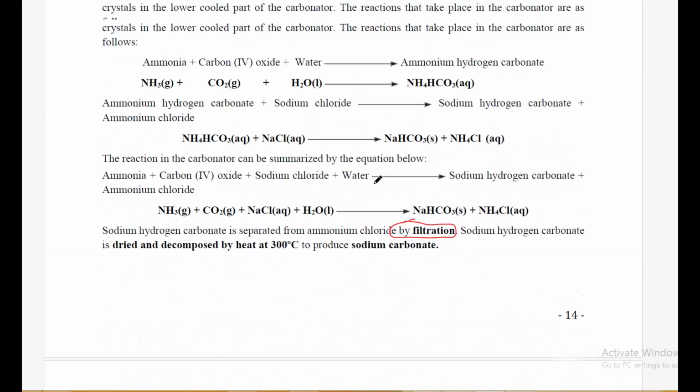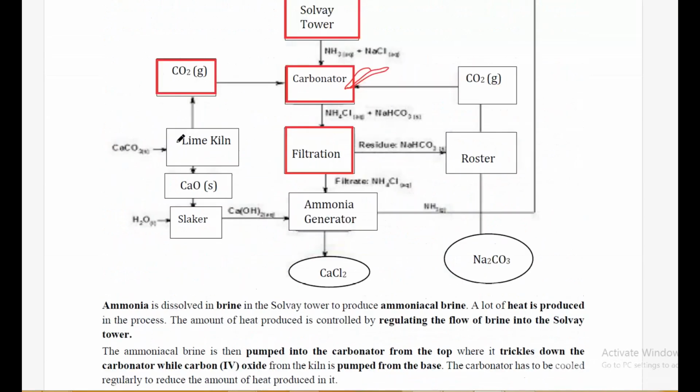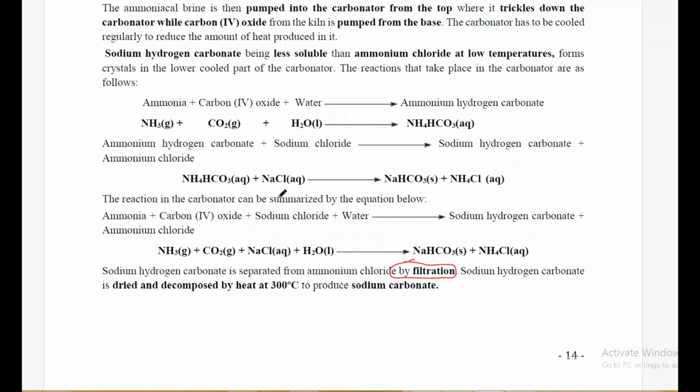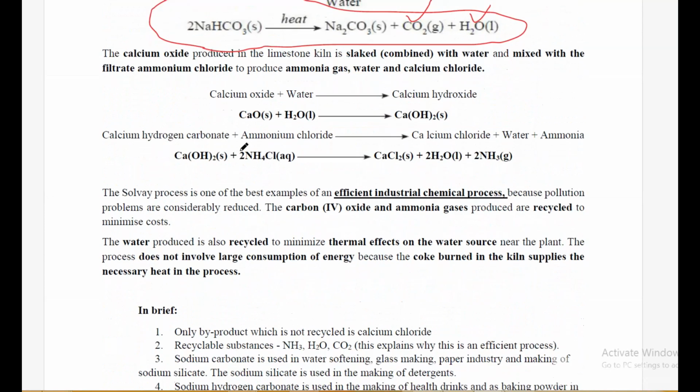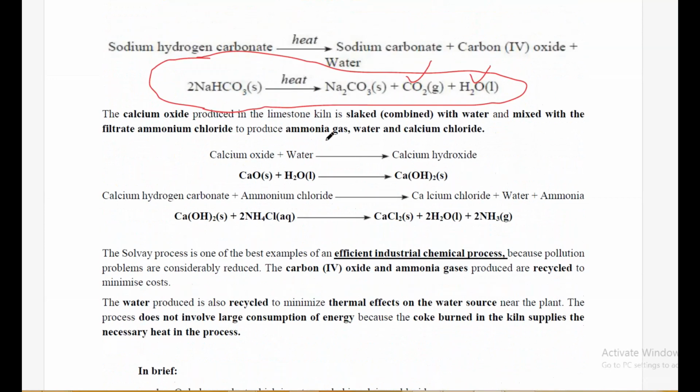The reaction in the kiln, where carbon dioxide is formed. This is the reaction that takes place in the kiln, where calcium carbonate forms calcium oxide and carbon dioxide.